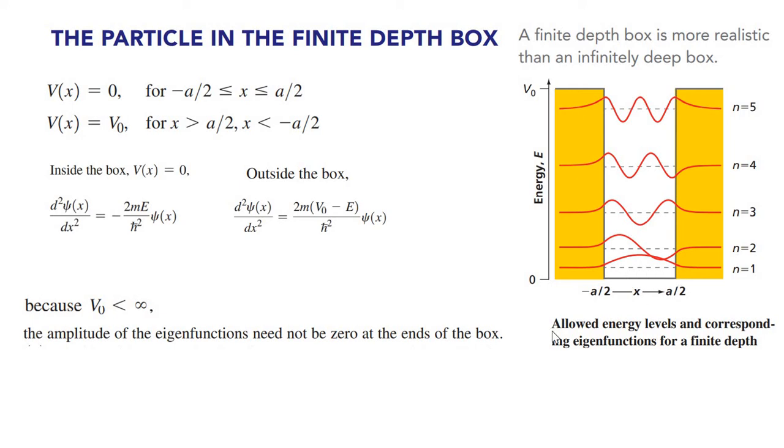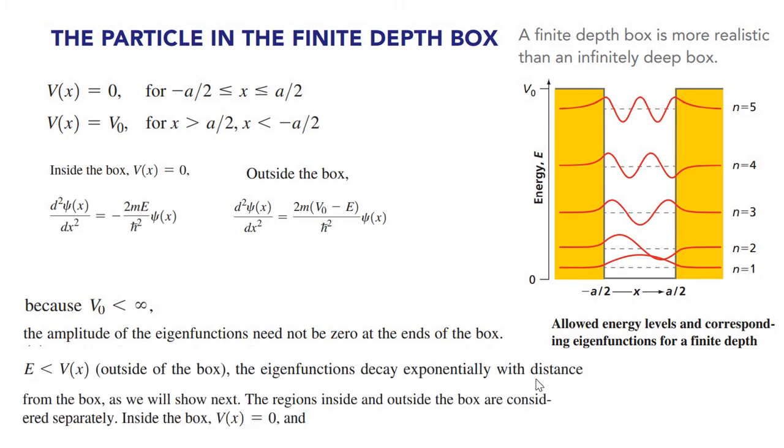But here it is not the case, simply because V0 is less than infinity. So it is not necessarily 0 at the wall, and as a result we will see something new happens, and that's how it is connected to tunneling. Later on we will see.